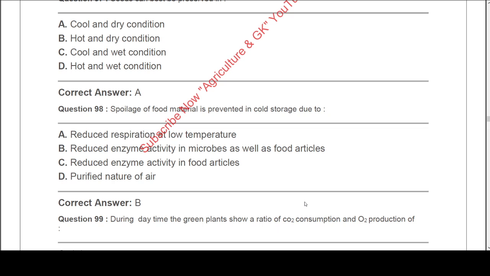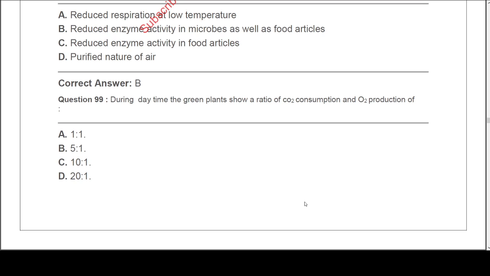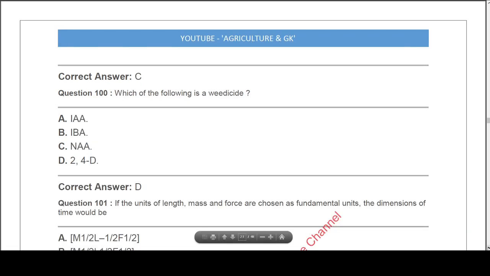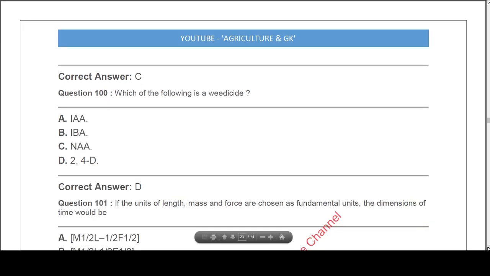Definitely, it is option B. During daytime, the green plants show the ratio of carbon dioxide consumption and oxygen production of option C, that is 10:1. Which of the following is a weedicide? It is option D, 2,4-D.